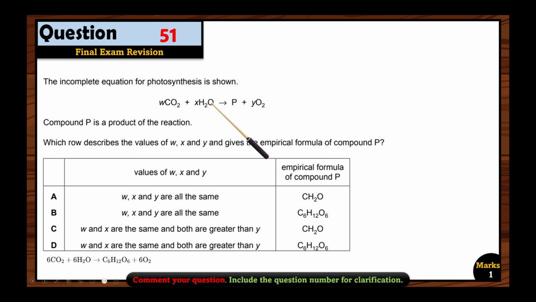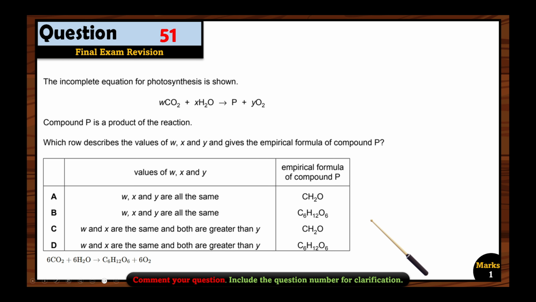Now we are left with only oxygen. Let's count how many oxygen we have in the reactant. This one is 6, so it means we have a total of 12 oxygen here. And how many oxygen here? 6 oxygen. So together 12 plus 6 is 18, right?